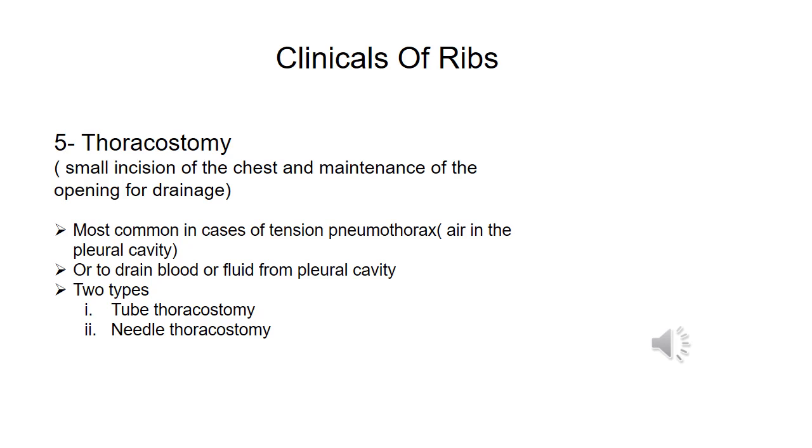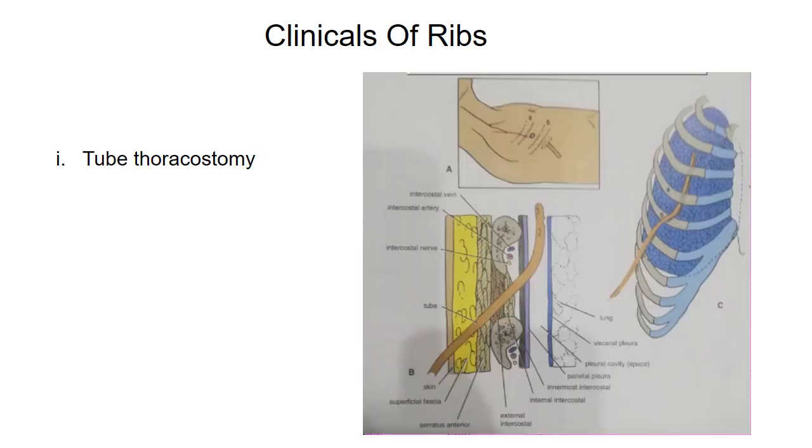Let's talk about these types individually. In tube thoracostomy, a tube is inserted into the pleural cavity to drain the blood, pus, or to withdraw the samples of pleural fluid for the microbiological examination.